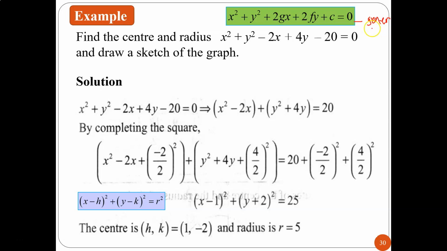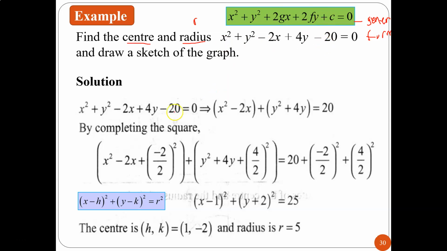And then, dia kata find the center and the radius. You need to find the center and the radius r. So from here, you have G and you have F, kan? We refer back. Kita tengok balik, kita compare yang ni. We compare this one and this one, the general form.